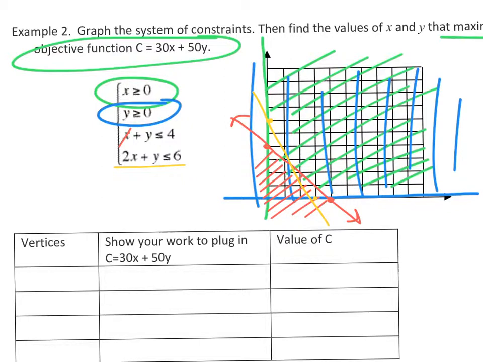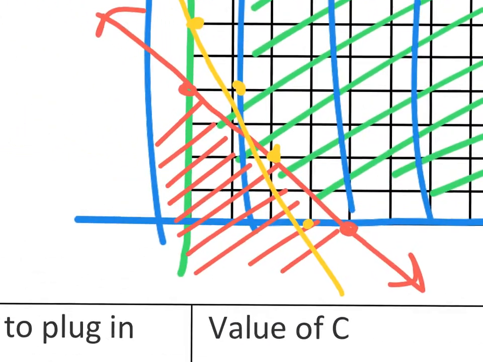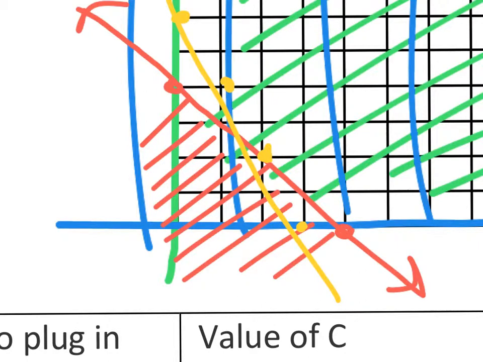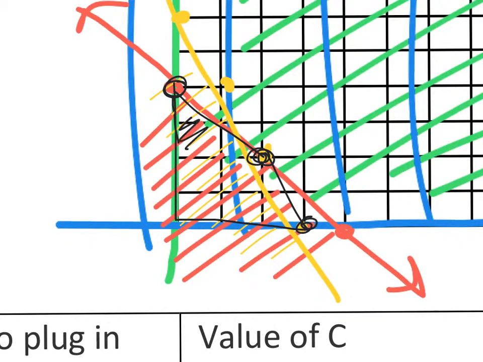Now I'm going to zoom in. It's kind of messy to see, but my feasible region is going to be this black region right here. If you have a ruler, it's easier to do.